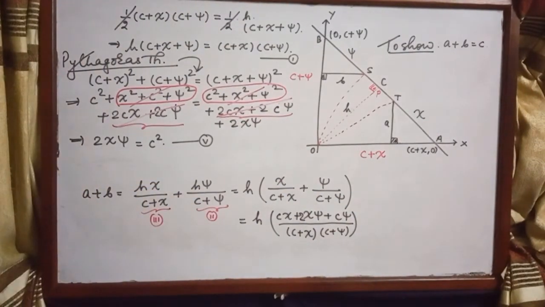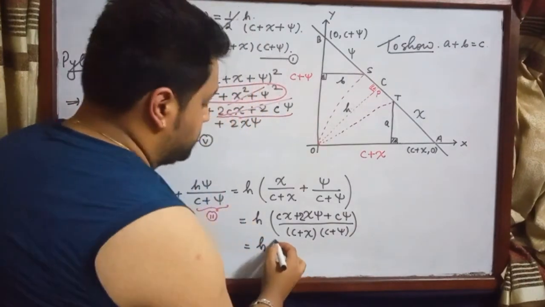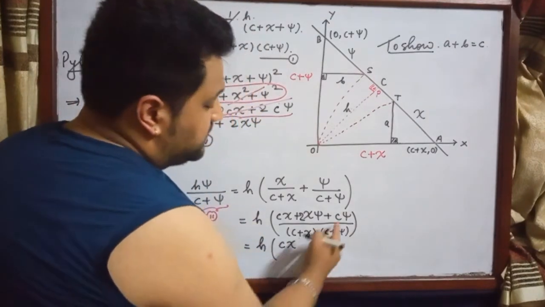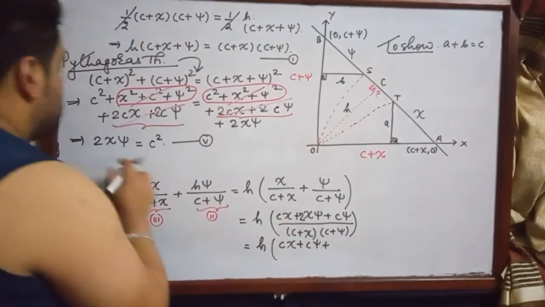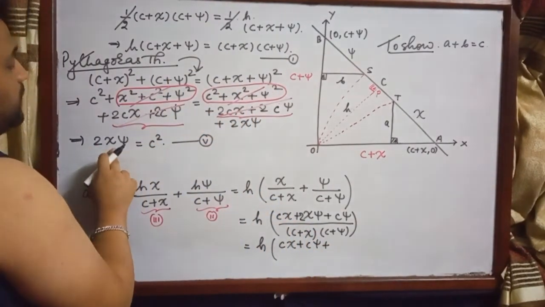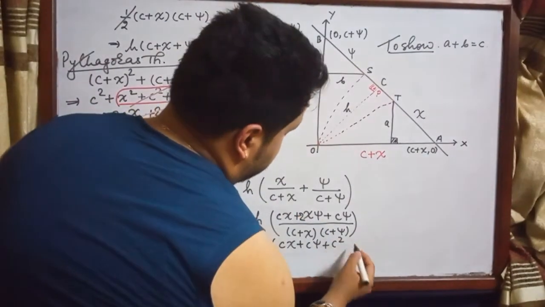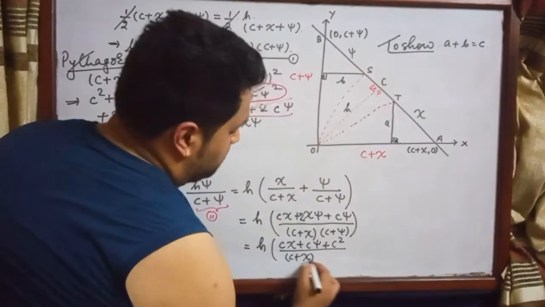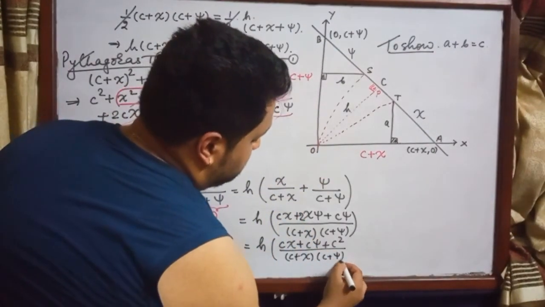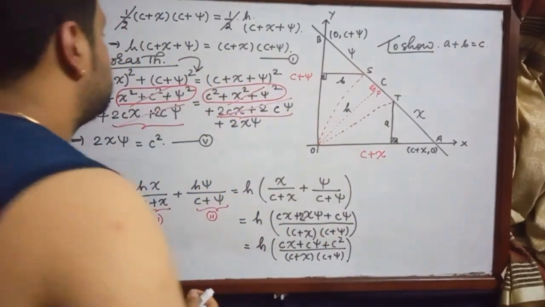That will give us h times c chi plus c psi plus 2 chi psi, where 2 chi psi is replaced by c squared, over c plus chi times c plus psi.